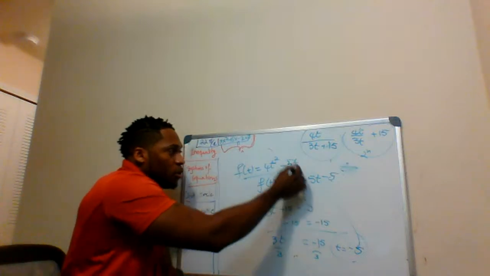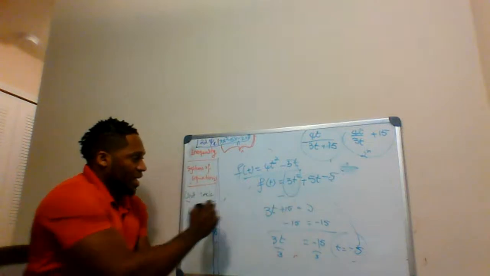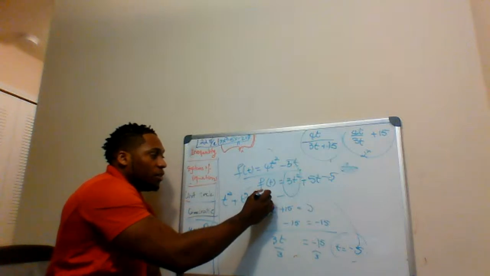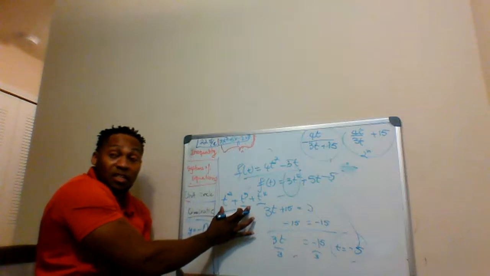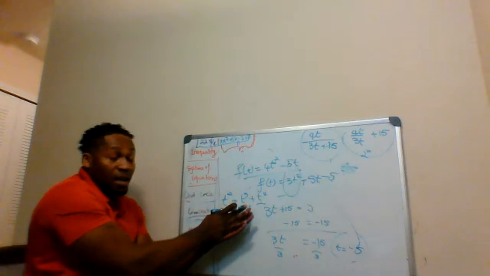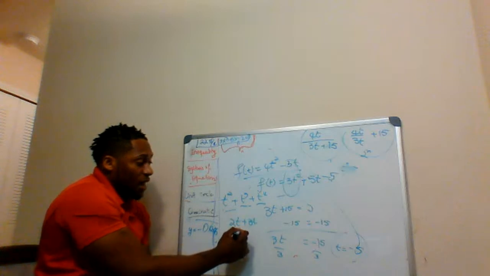When you're counting the terms, think about things that you cannot add. So if you have t squared plus t cubed plus t to the 4th, that's 3 different terms, because you cannot combine these in any way possible. I mean, you can factor out, but you cannot combine those. It's not like 2t plus 3t is equal to 5t.